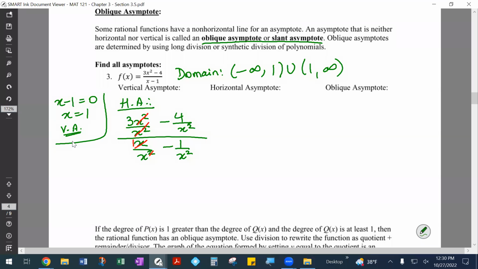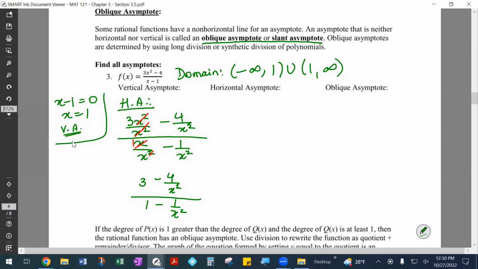So for the first term, we're left with 3 minus 4 over x squared. On the bottom, we're left with 1 minus 1 over x squared. Oh, I knew I was missing something. This was 1 over x, 1 divided by x here, and then 1 over x squared.